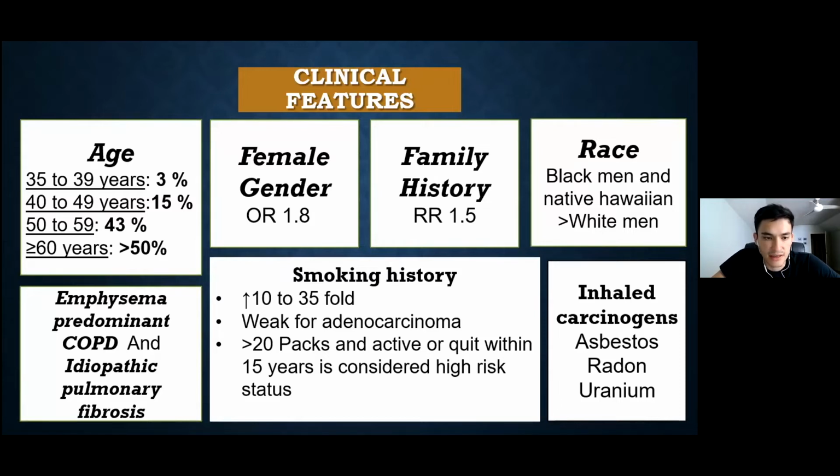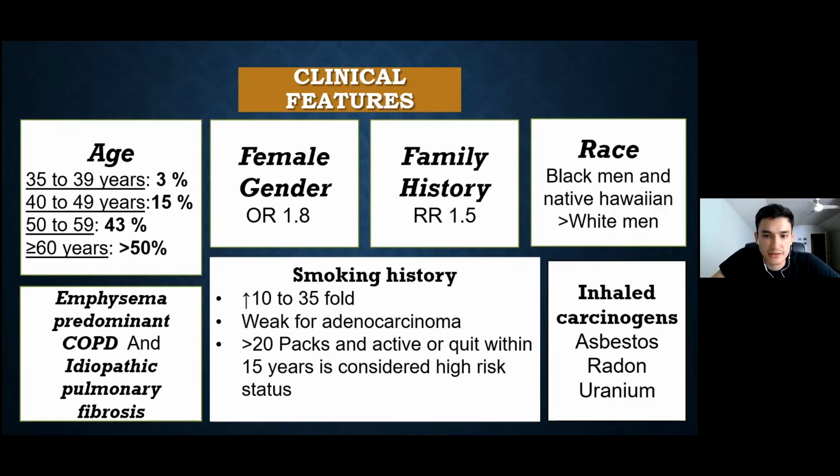And this risk starts at 35 years old. Before 35 years old, the risk is less than 1%, and typically CT surveillance is not indicated. But after 35, the risk starts to increase to more than 1%. And we can see that after 60 years, the risk is more than 50% that a nodule could be a malignant nodule.